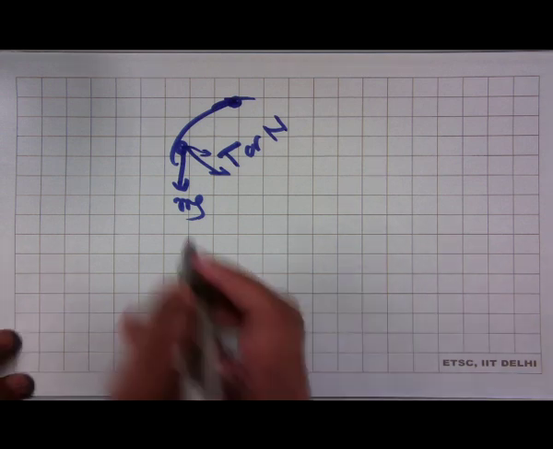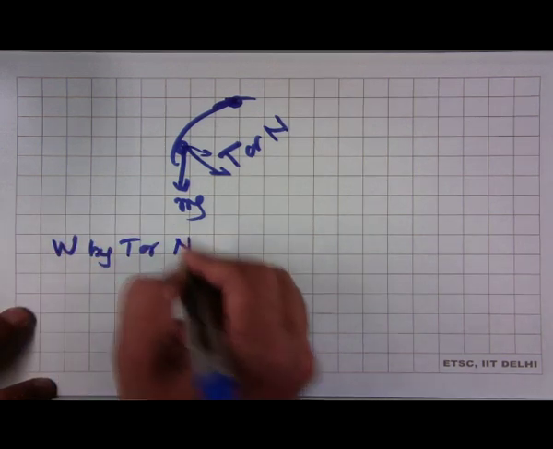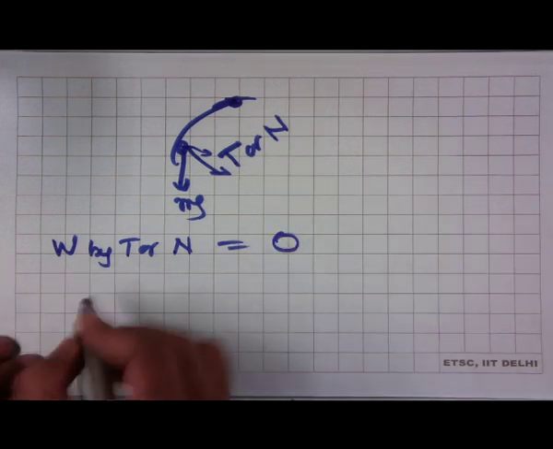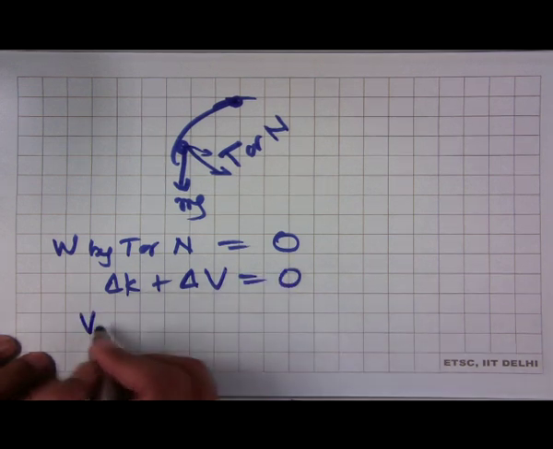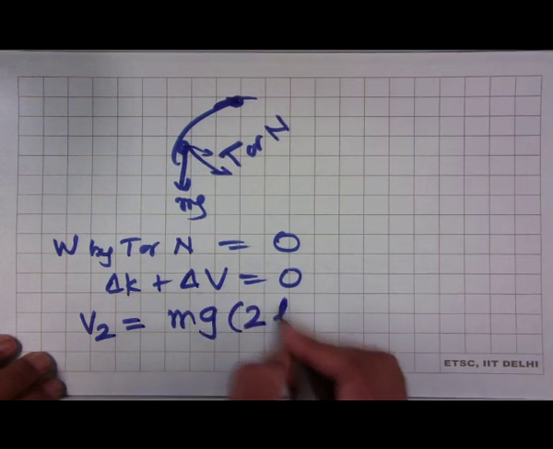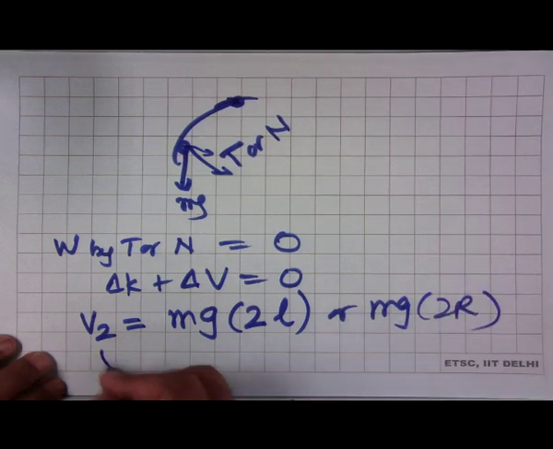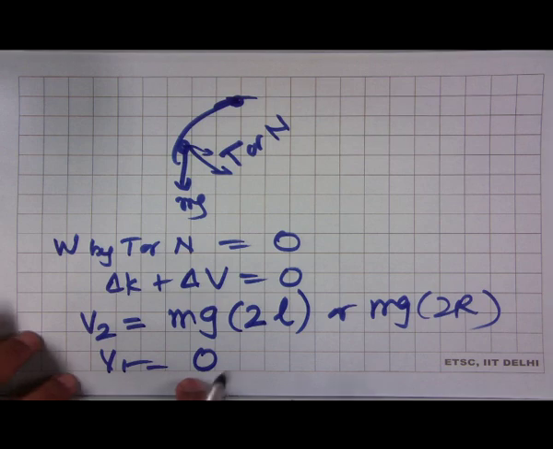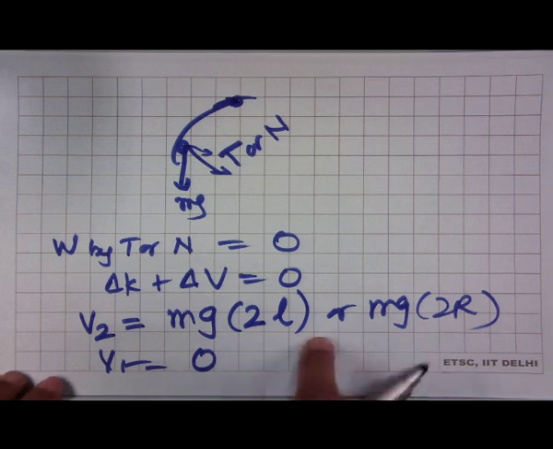So, therefore, the work done by T or N will be equal to 0. So, delta K plus delta V is equal to 0. Then we have V2 equal to mg times 2L or mg times 2R, and V1 is equal to 0. So, we have taken the datum as the bottom. With respect to that, the vertical height of the top point is 2R.